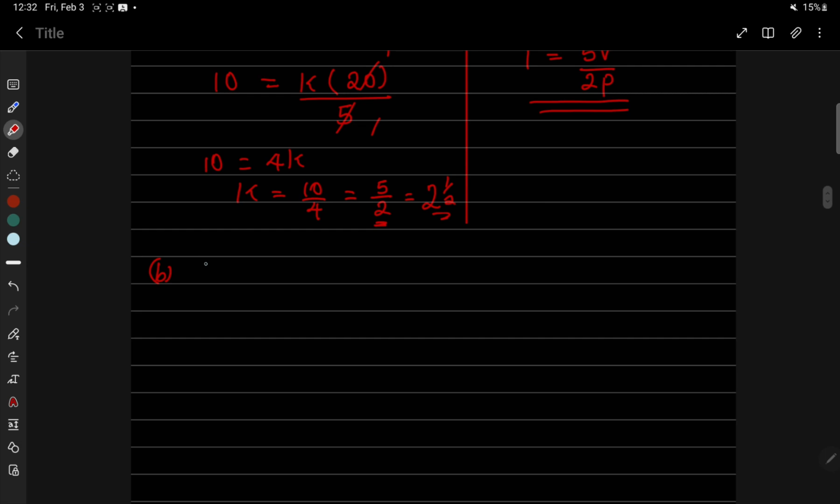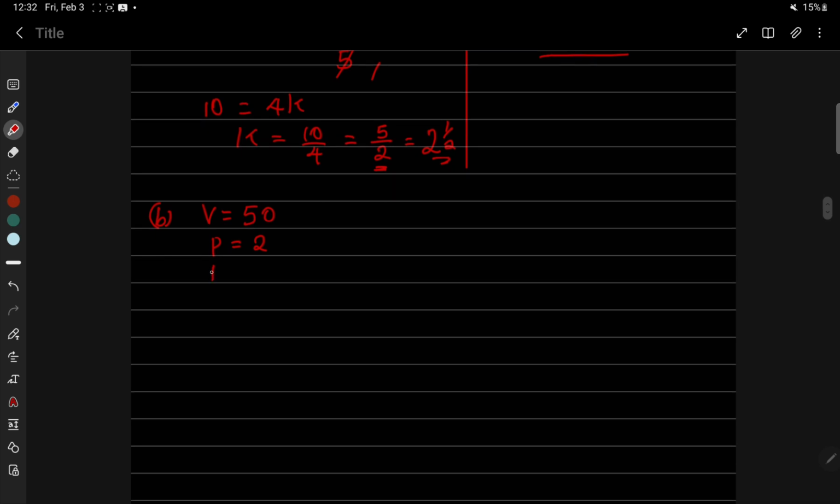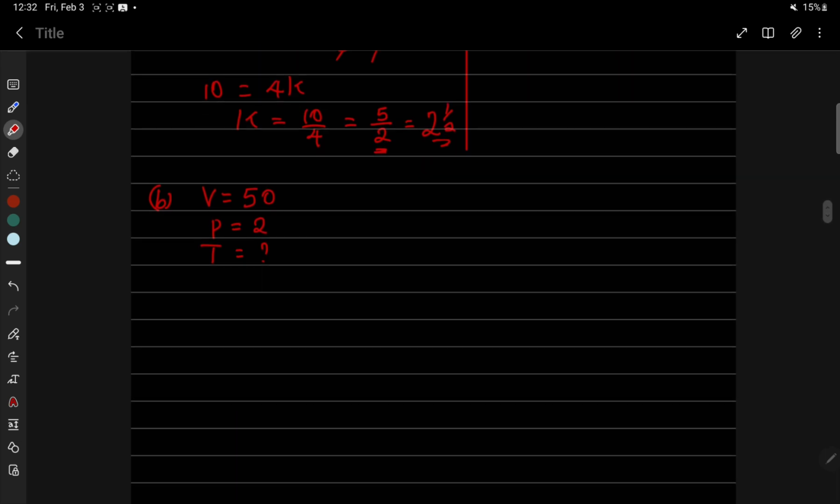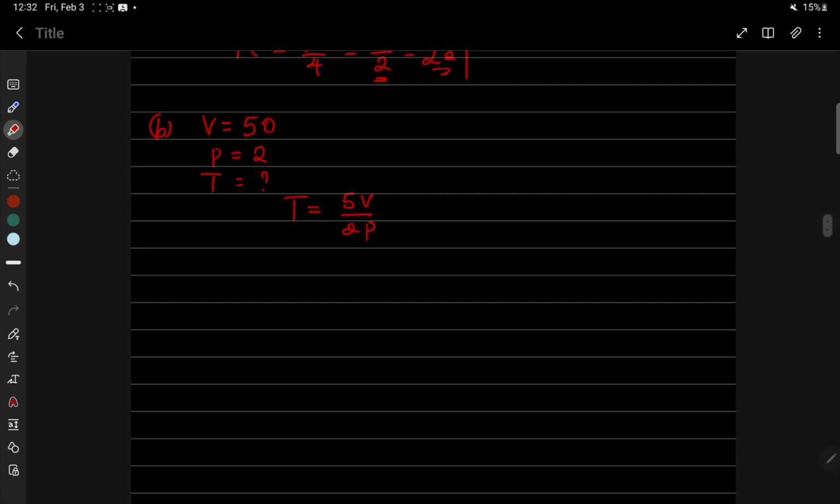So V is equals to 50, that is number of vehicles, and P is equals to 2. They are now asking us what is the time. We do not know the time, but of course we know the formula connecting it. We know that T is equals to 5V all over 2P. So it becomes very easy.